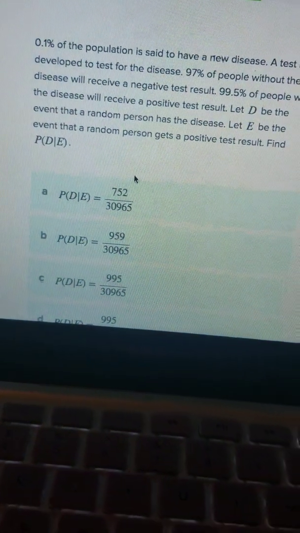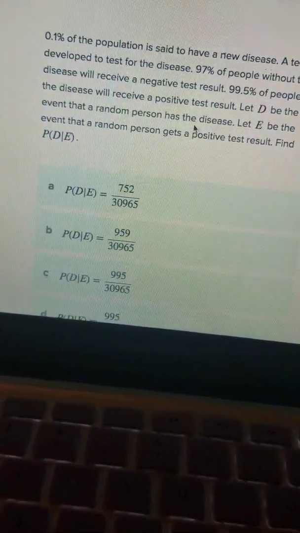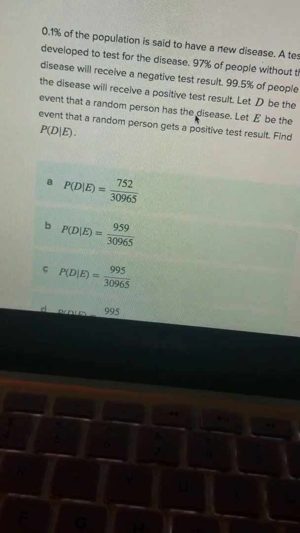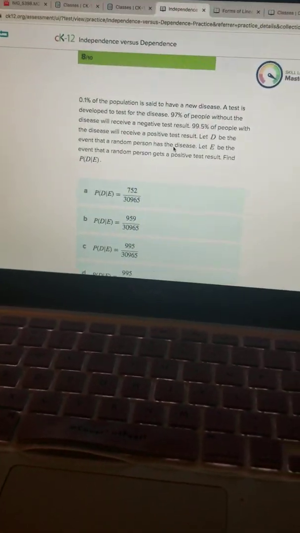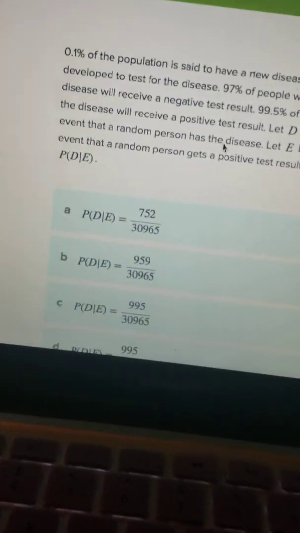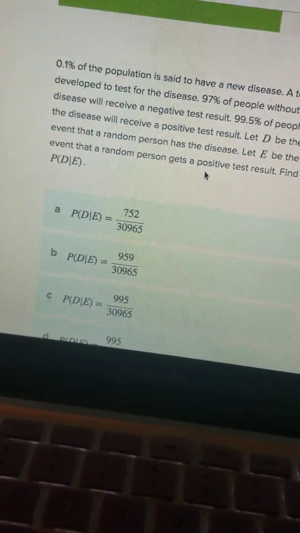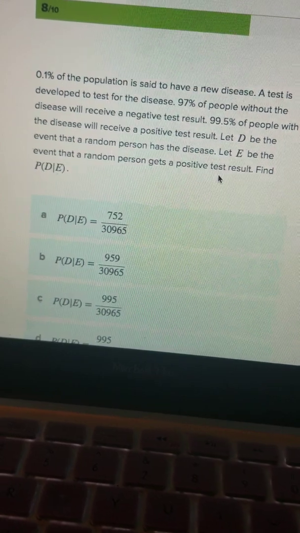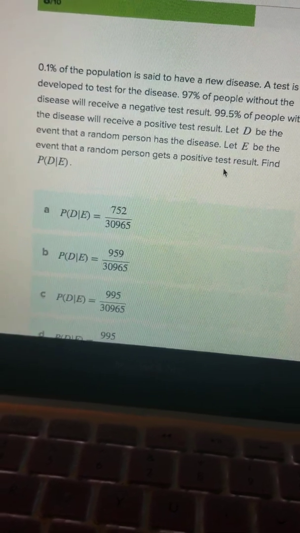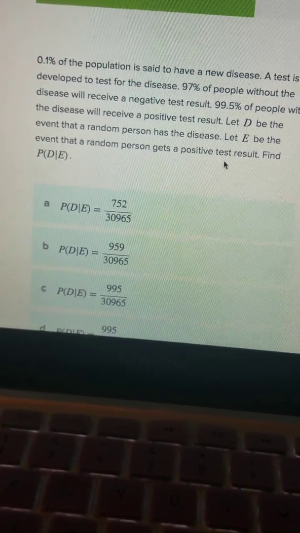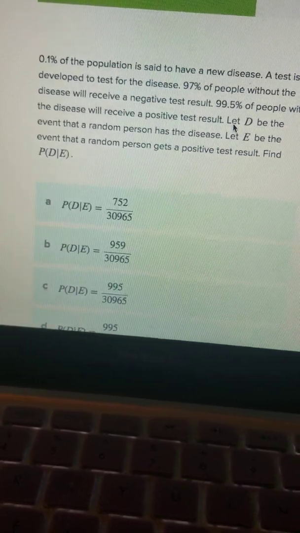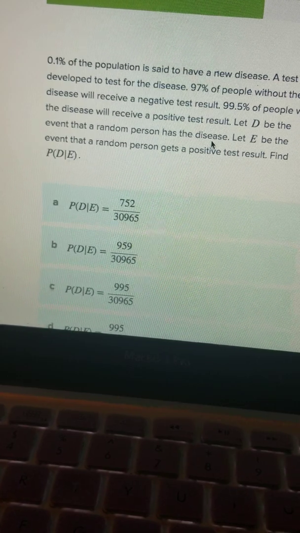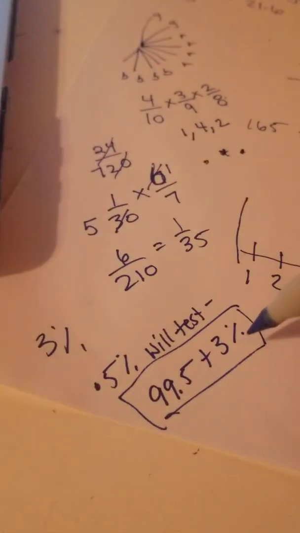Let D be the random person that has the disease. Let E be the event that a random person gets a positive test result. Find the probability of either having it or testing positive. So I guess they're doing the 99.5 and the 3.